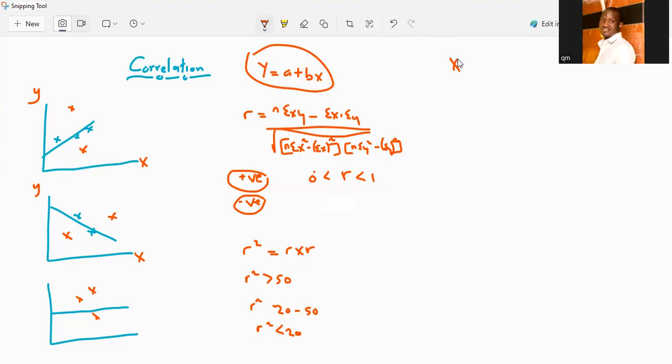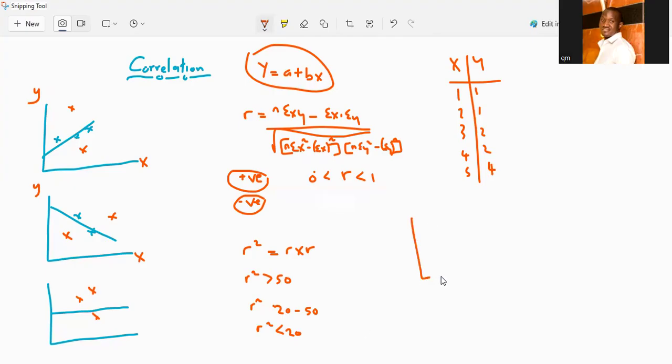So if you're given X and Y, this is 1, 2, 3, 4, and 5. You can have 1, 1, 2, 2, and 4. So you can sketch these and tell from the relationship what type of relationship this is.